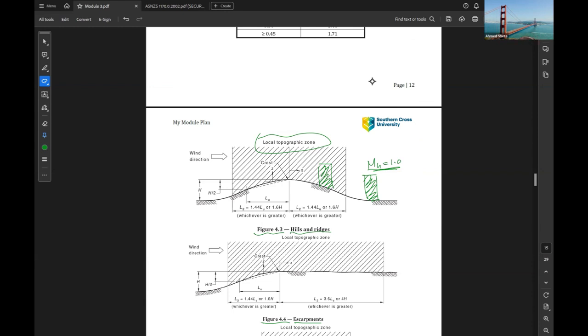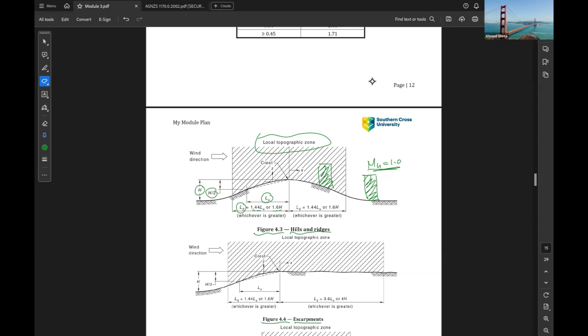What is this local zone definition? If we have a hill type, the height of the crest is H. LU is the distance from half of the height to the crest. So this is LU, and we have L2 equal to 1.44 LU or 1.6 H on both sides.